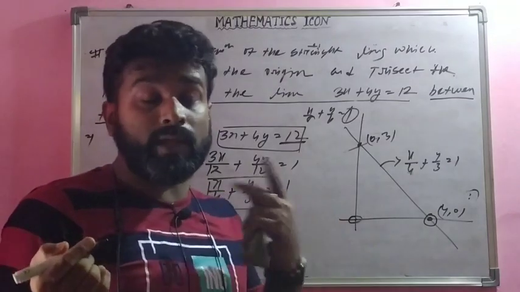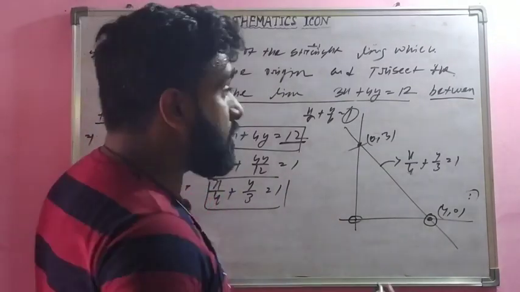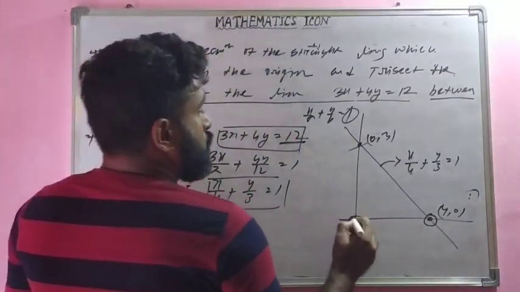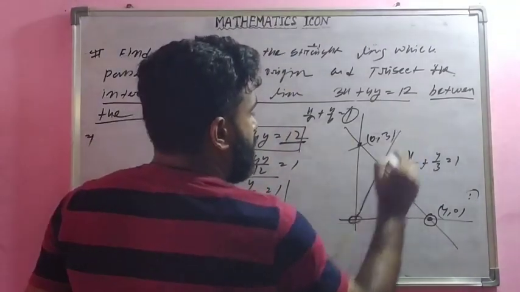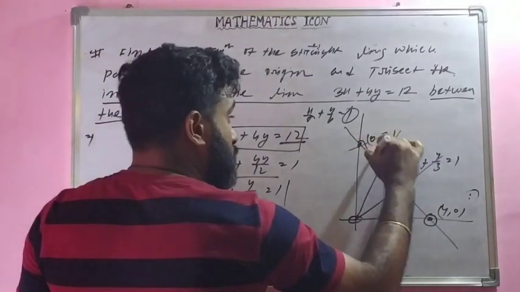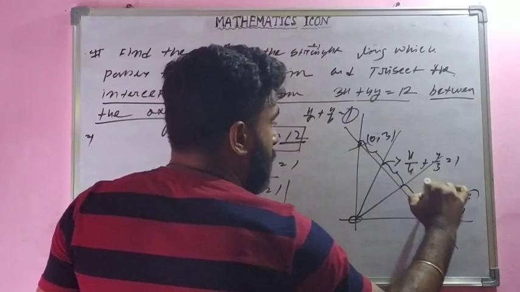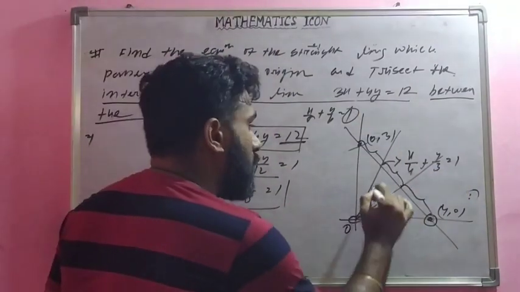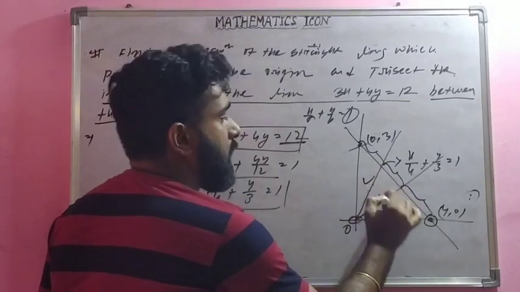Trisect, that means 3 equal parts. So if you want to divide in 3 parts, then 2 lines need to be taken. So origin से दो लाइन ऐसे निकला, निकलने के बाद ये जो लाइन है इसको 3 इक्वल पार्ट में डिवाइड किया है.